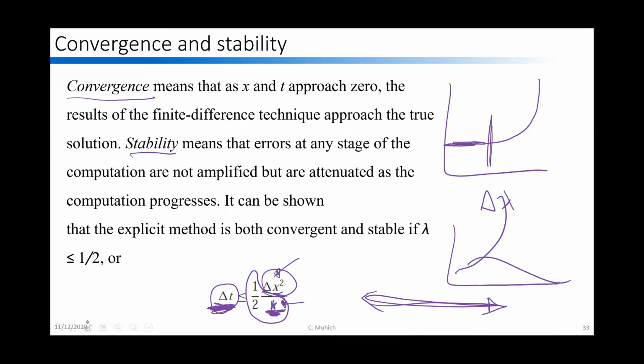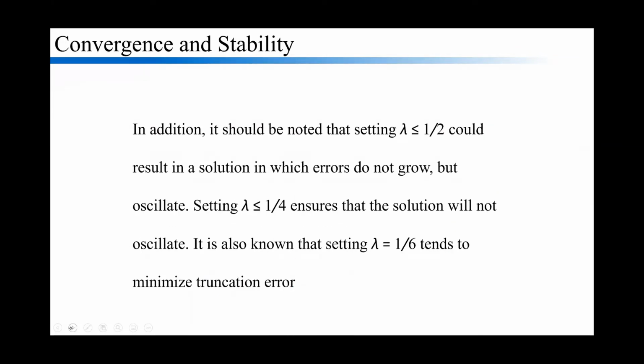As long as this is less than 1/2, I should be both convergent and stable. However, we may still have weird oscillations in the result. It's better to set lambda, so it's better to set delta t, to be less than 1/4, where lambda is equal to 1/2 over delta x squared over k.